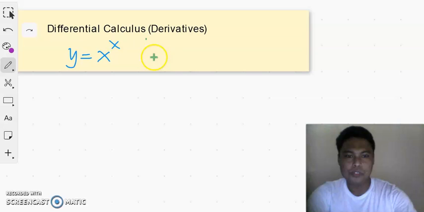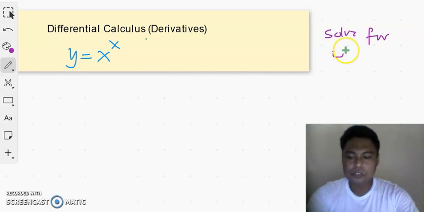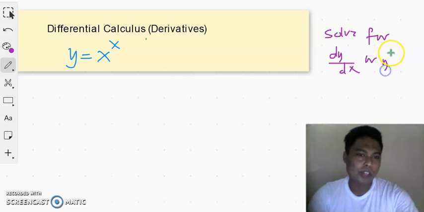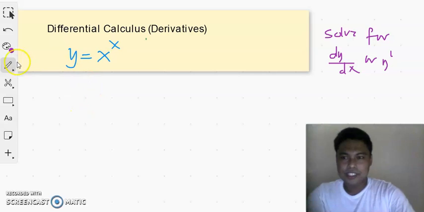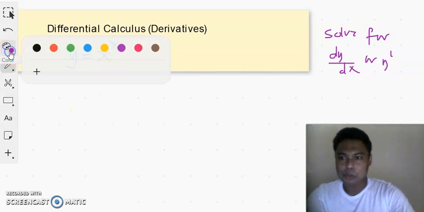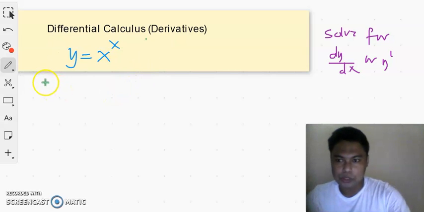We're going to solve for dy over dx, or y prime. So solving for derivatives, this will be our solution.